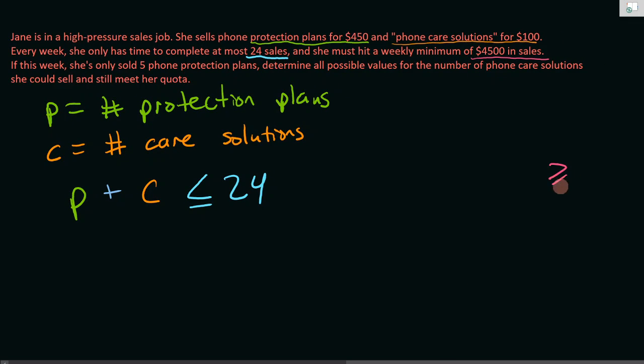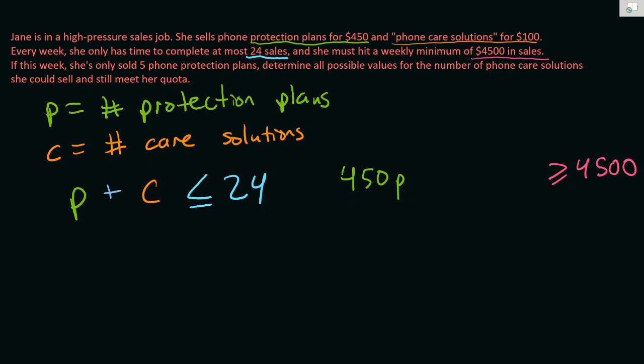So greater than or equal to $4,500, and that has to come from $450 times her number of phone protection plans, plus $100 for her phone care solutions. So this just says that each care solution, she multiplies by $100. Each phone protection plan, she multiplies by $450. And you add those up, it's got to be greater than or equal to $4,500.